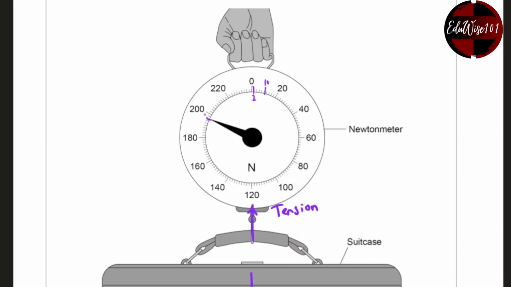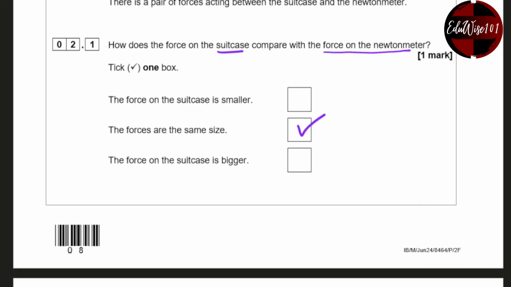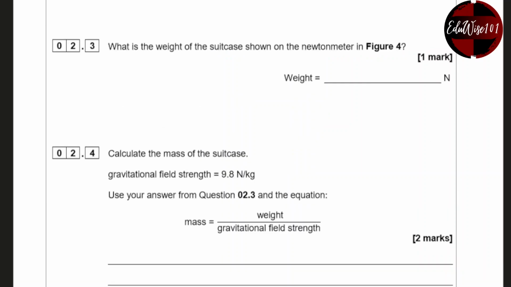So if I take away 4 from 200, 200 minus 4 gives me 196. Each of those small divisions is 2. So that's 196 newtons.